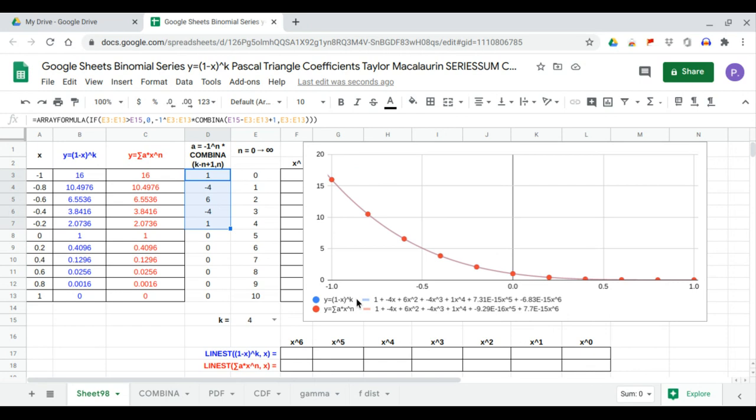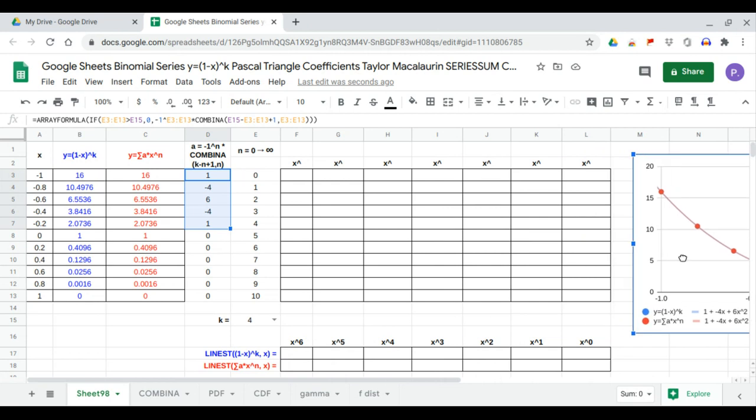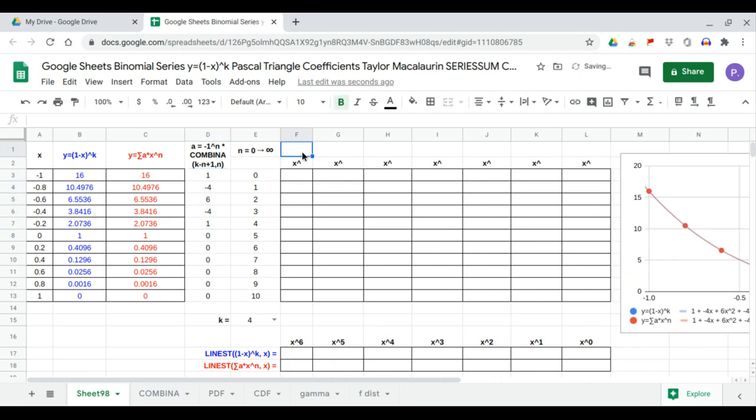Next, we calculate this regression coefficient using LINEST. To do that, we complete the 1, x matrix. So this is equal to transpose. And since there's no degree of freedom, this will be 6.